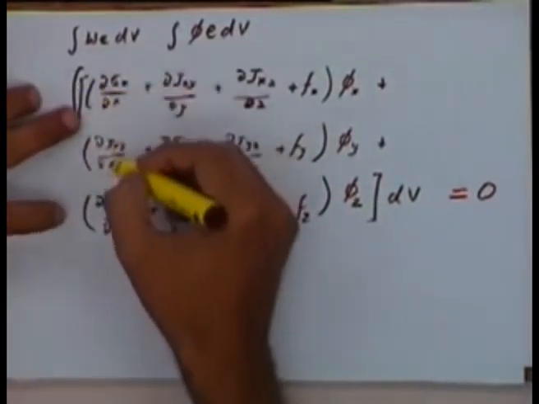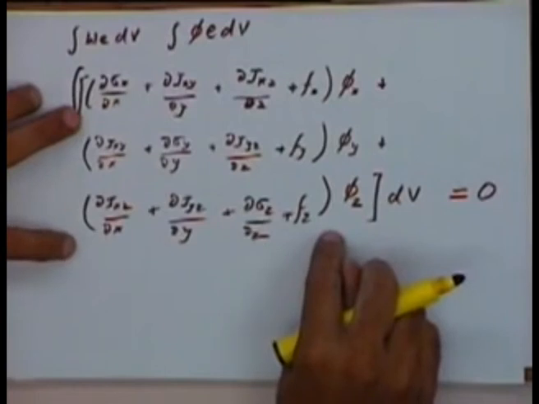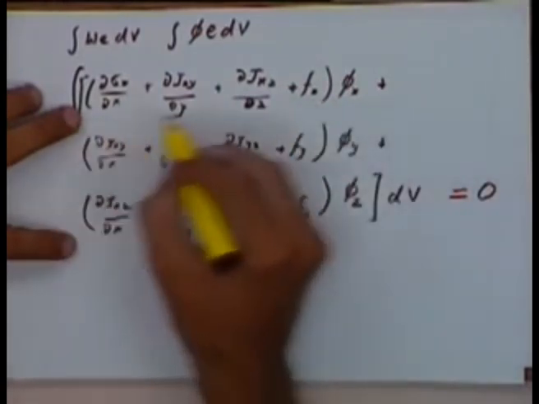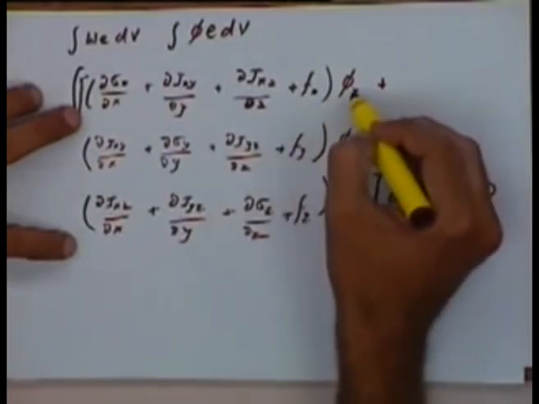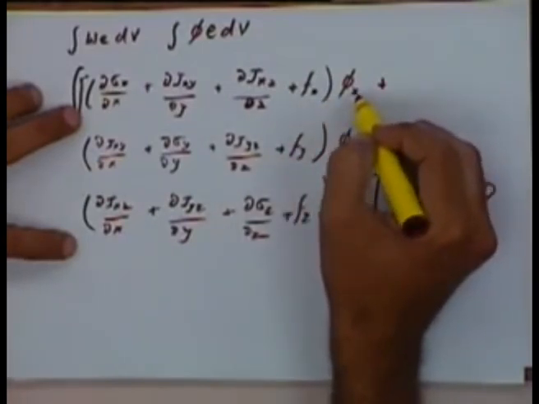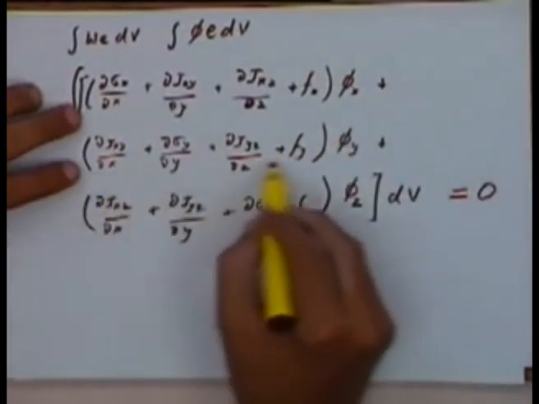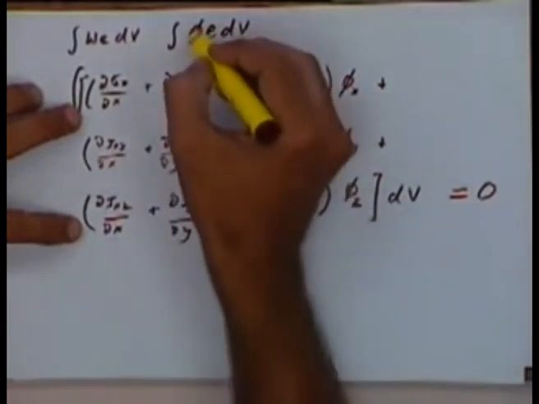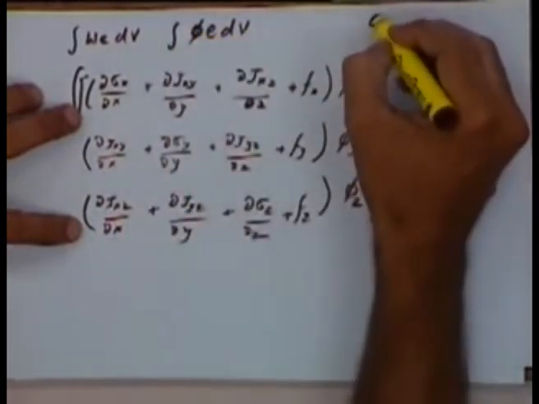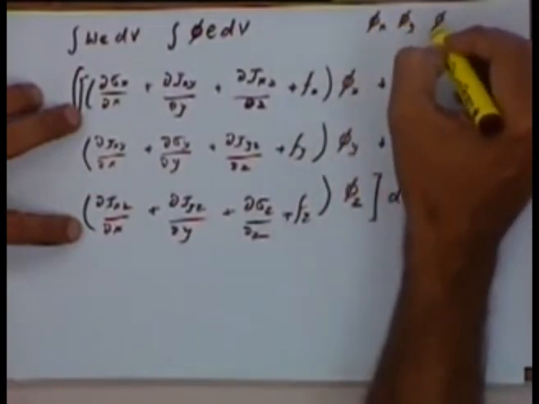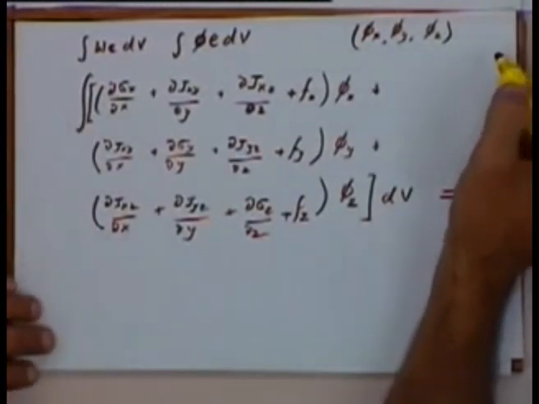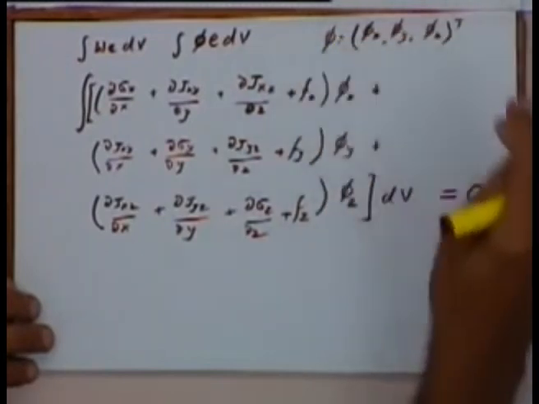Now these three give us the equilibrium equations for a general three dimensional case. This is the equation in the x direction, so this would give us the error term in the x direction multiplied by phi x, that is the weightage we are giving in the x direction. Similarly, this term is multiplied by phi y and this term by phi z. This weightage phi that we are giving will consist of terms phi x, phi y, phi z.